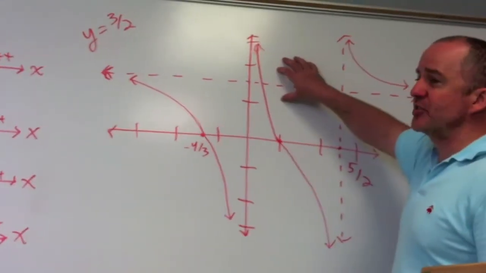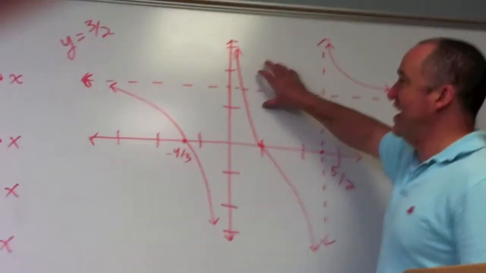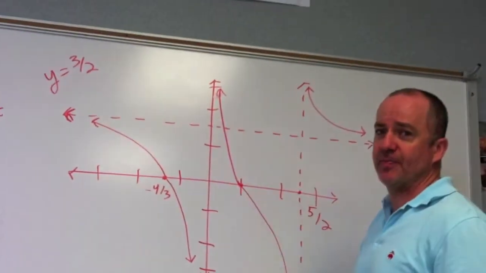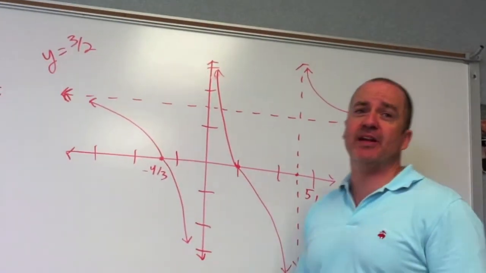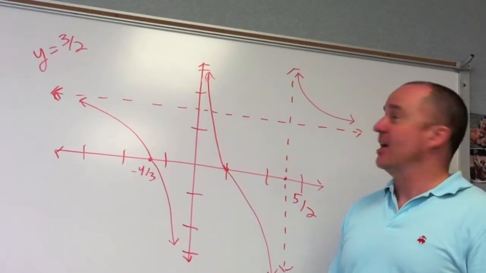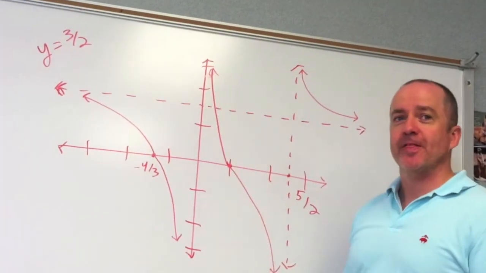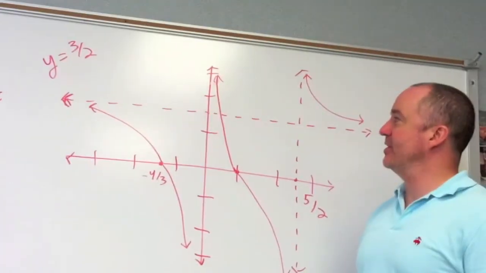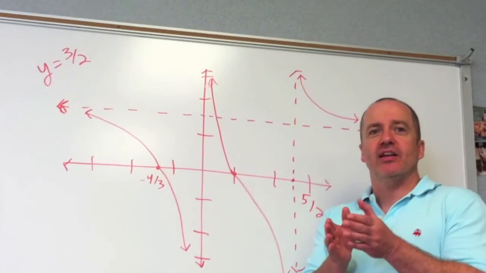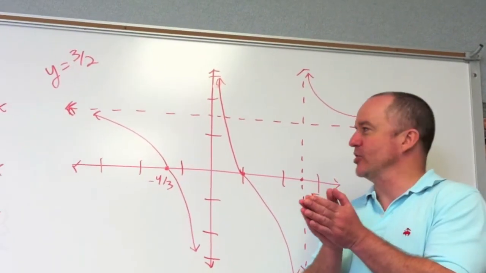And as I mentioned when I first introduced horizontal asymptotes, they can be crossed near the origin. How close to the origin depends on the function. Wait, what? A horizontal asymptote can be crossed near the origin? Why? Well, these are functions of x, right? So a function of x means there are certain rules about x.